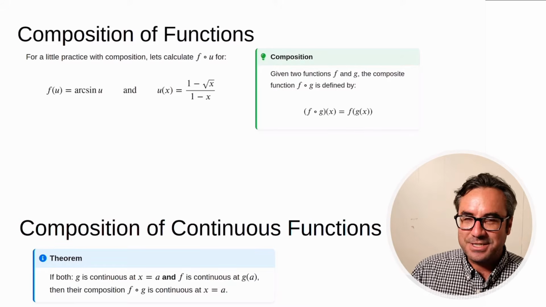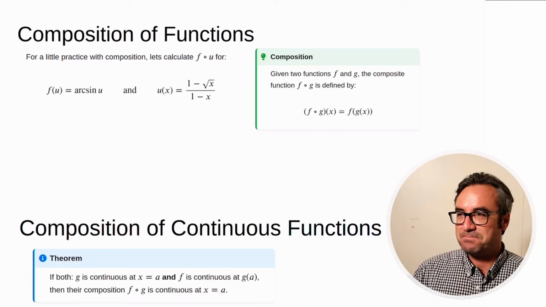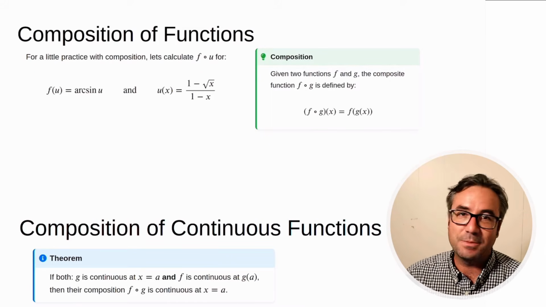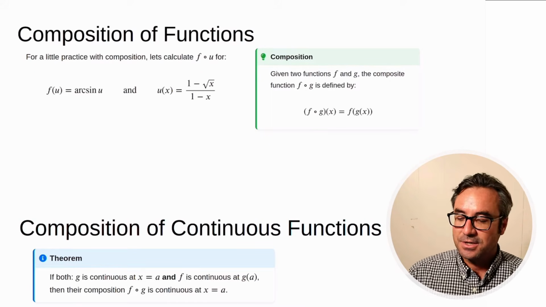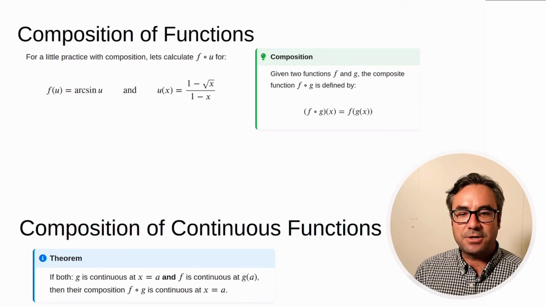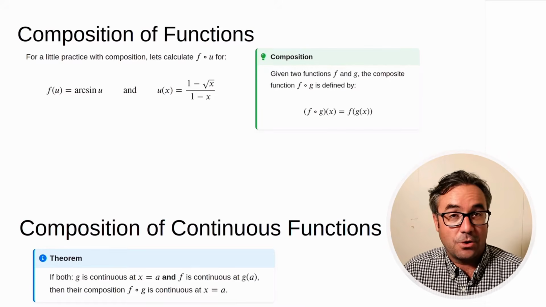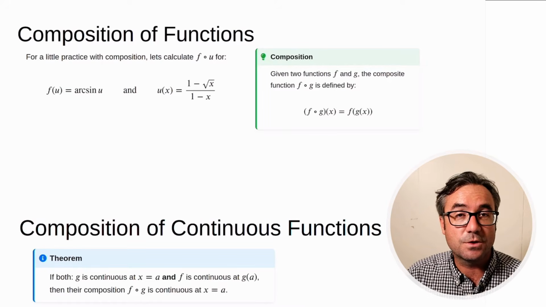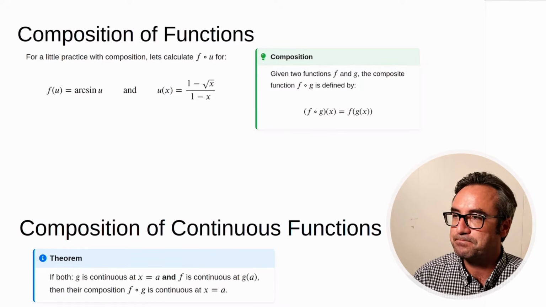When we get to derivatives, we're going to be talking about composition of functions. When we get to integration, we're going to be talking about composition of functions. So this is going to be something we come back to. We're going to start, though, first of all, with what is composition of functions, and then we're going to see how it works for continuous functions.